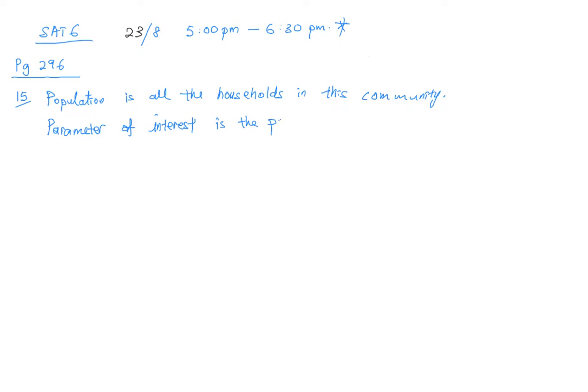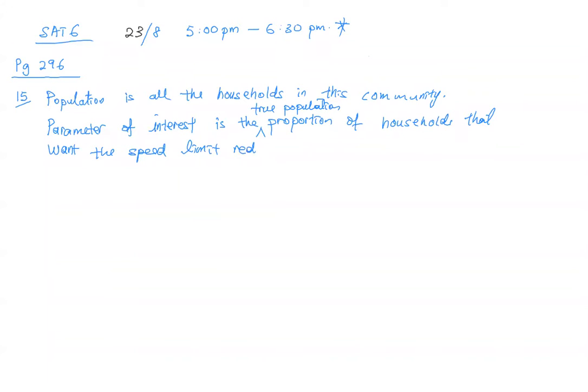Yes. Proportion of households that, I can say the true population proportion. And to predict the true population proportion of households that want the speed limit reduced. Right?